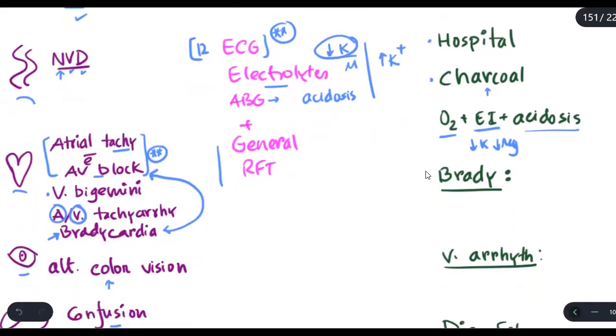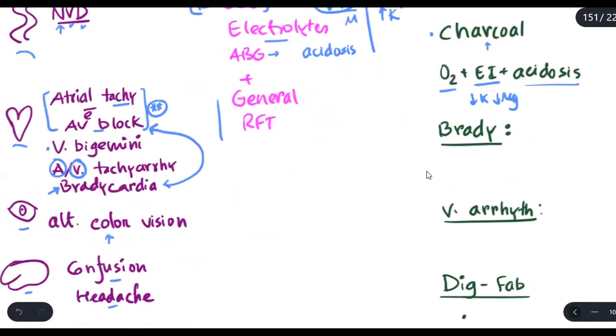The cardiac complications of digoxin classically include bradycardias and ventricular arrhythmias. If the patient is bradycardic, we can start treatment with IV atropine. The usual dose is 2 vials to 4 vials, so 1.2 to 2.4 milligrams.